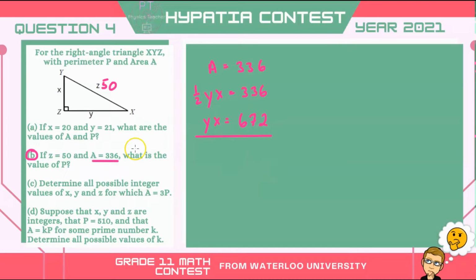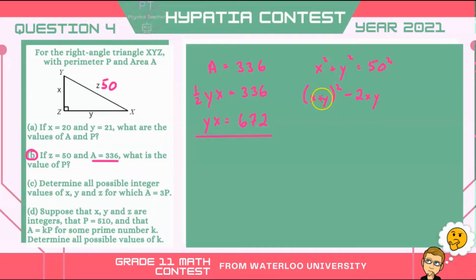And let's apply the Pythagorean theorem to this right angle triangle. So we'll have x squared plus y squared is going to equal 50 squared. Now x squared plus y squared I can change into x plus y all squared minus 2xy. Because you'll note if x plus y all squared, if you expand and FOIL that, you'll have a term of 2xy.